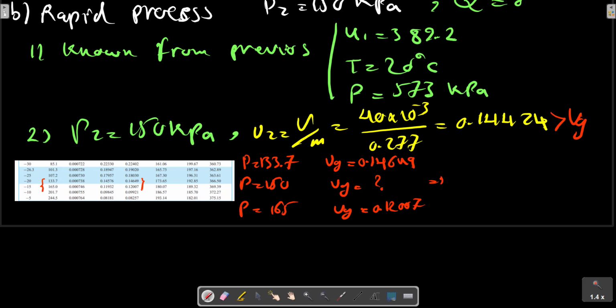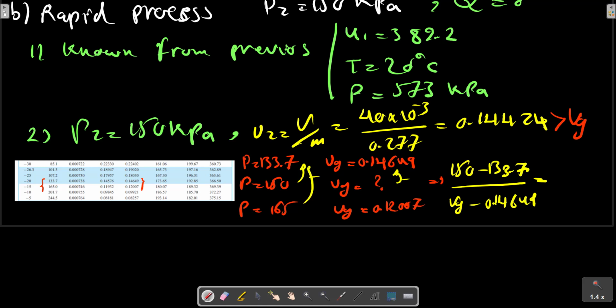Let me write Vg minus this, which should equal this subtraction.